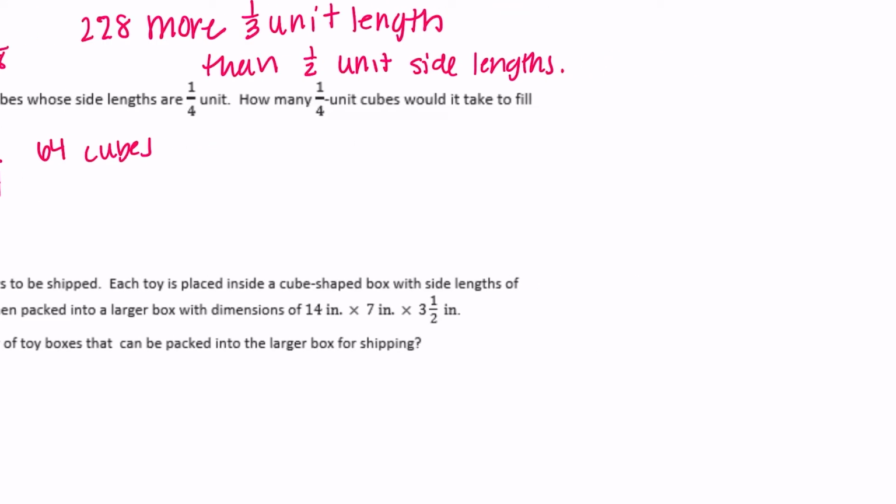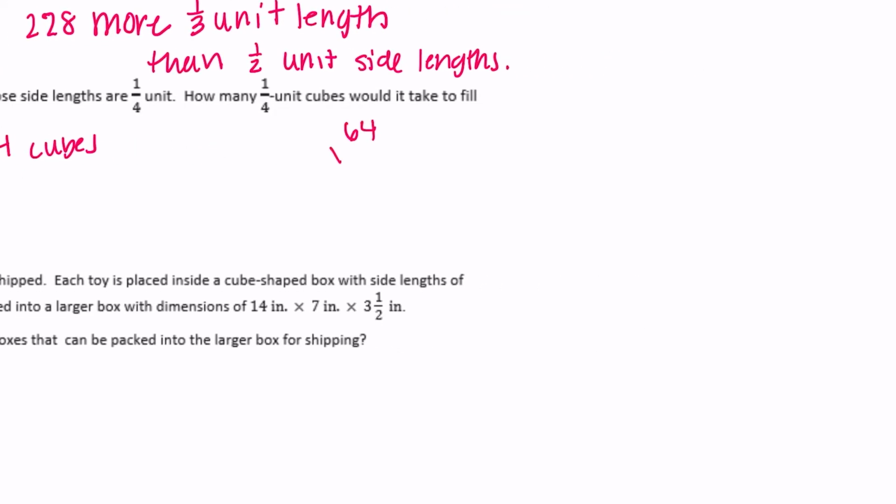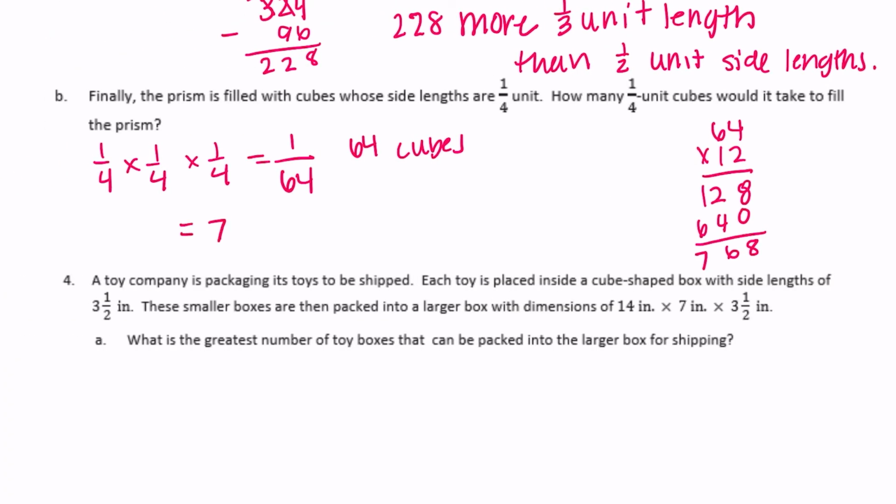And there are 12. So let's do 64 times 12. So that would be 768 cubes if the side lengths were 1/4 inch by 1/4 inch by 1/4 inch, or unit.